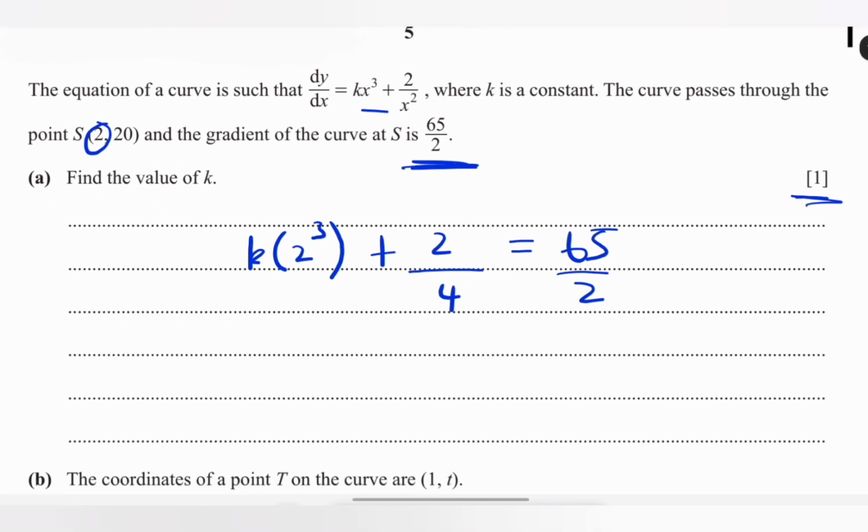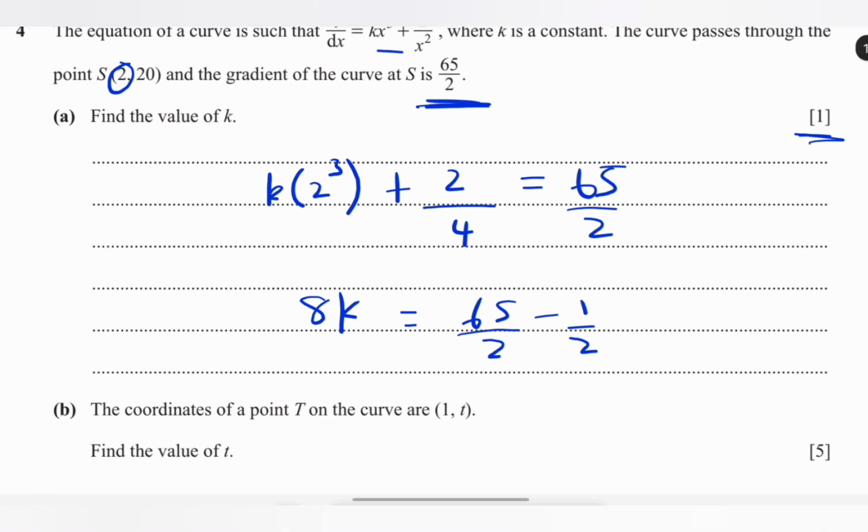And this will give us k, because 8k plus half, so just write it as 8k is equal to 65/2 minus half. And to get k, this is going to be divided by 8, and 65/2 minus 1/2 is 32. 32 divided by 8, we get our k to be 4.